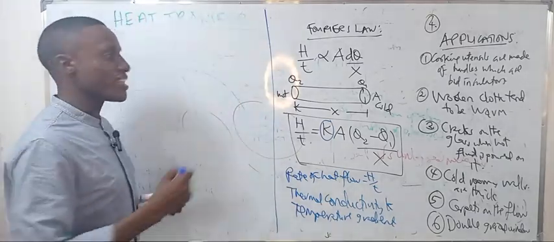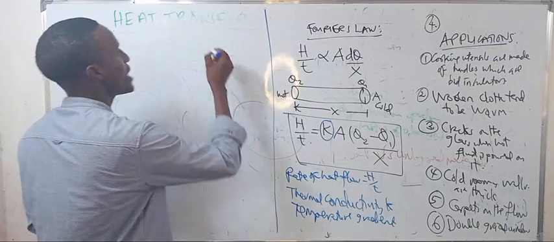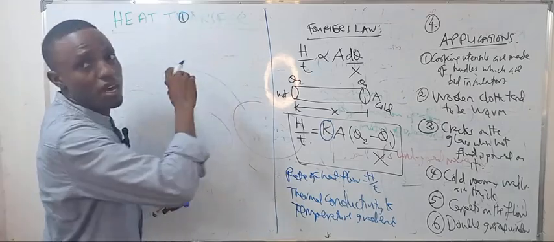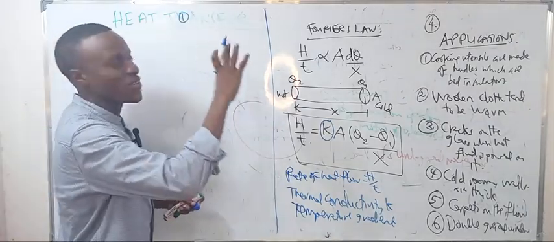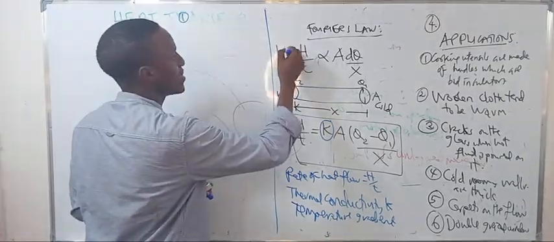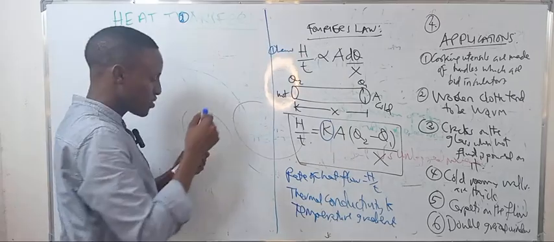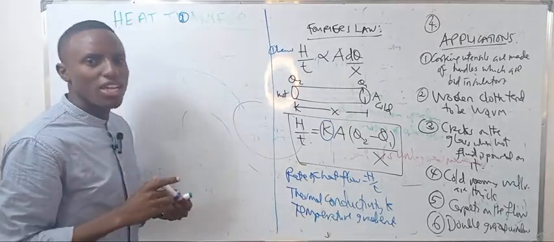Talking about Fourier's law, the first thing is the law, which I've just stated. The second thing that you need to understand, in order to say that you understand Fourier's law, is the U value.